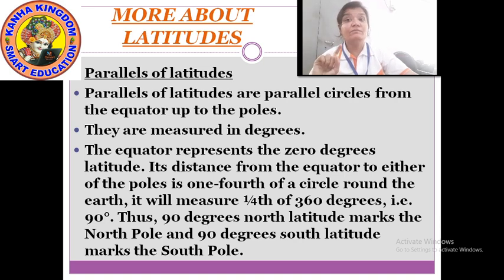It will measure 1/4 of 360 degrees. 1/4 of 360 degrees means 90 degrees. You have learnt in maths, 1/4 multiplied by 360 is 90. So 90 degrees north latitude marks the North Pole and 90 degrees south latitude marks the South Pole.